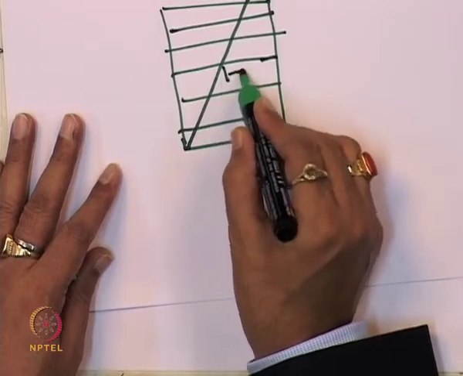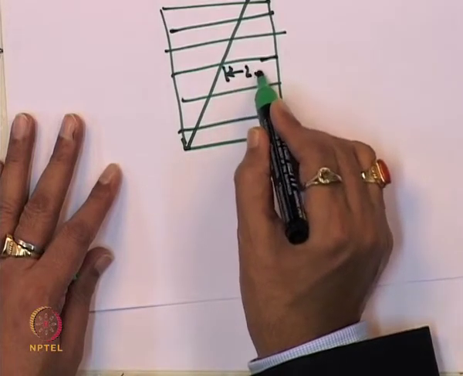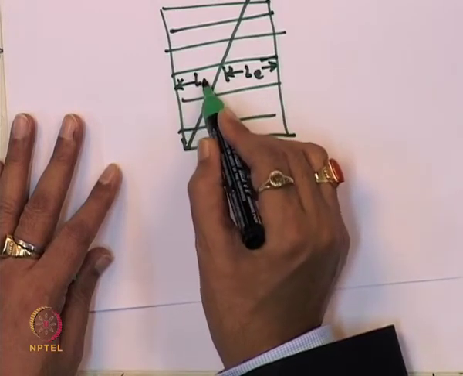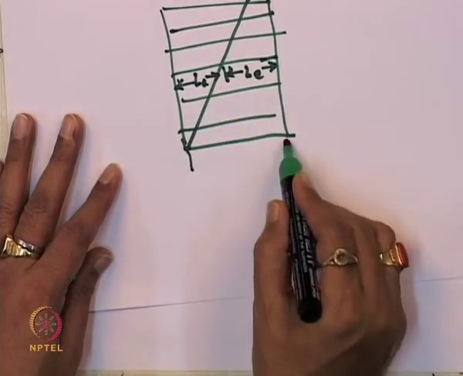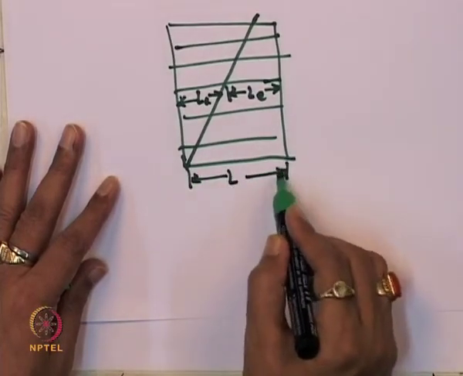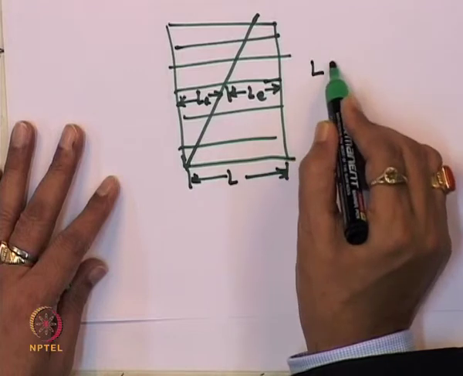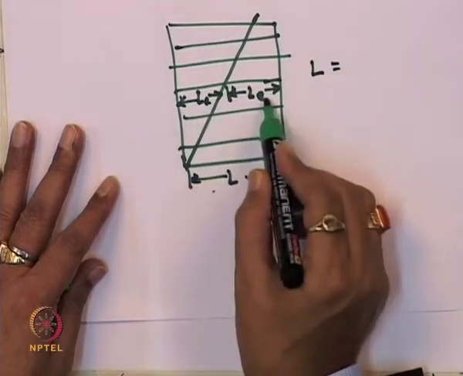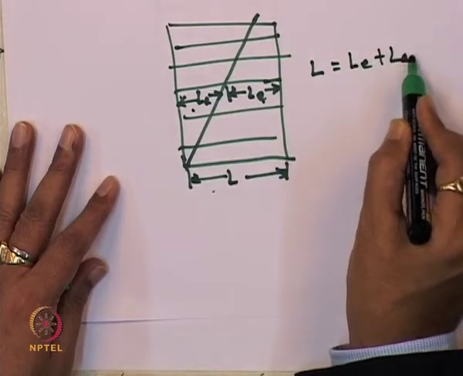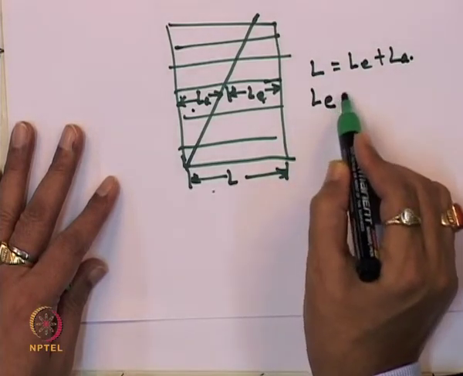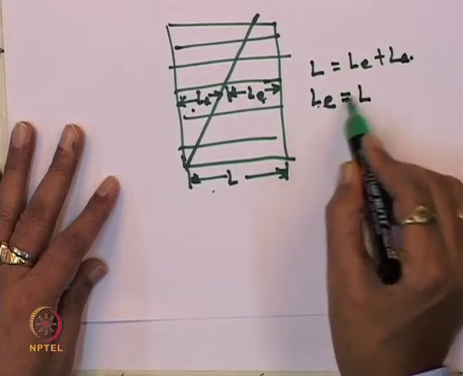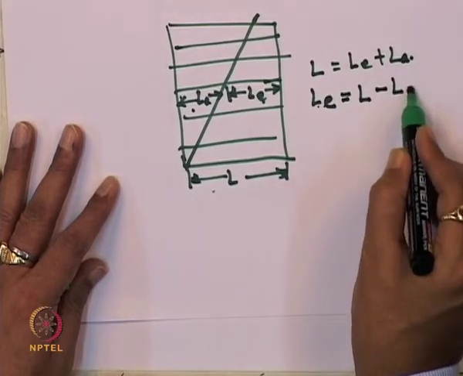This is the embedded length LE, and this length is equal to LA, and the total length is L. So, L is equal to LE plus LA. We require the value of LE, so LE will be equal to L minus LA.